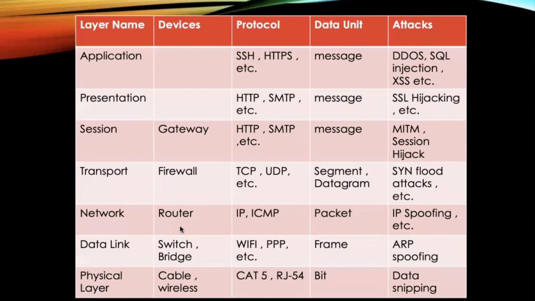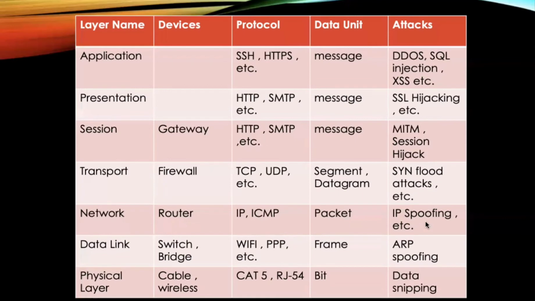The protocols used in the network layer are mainly IP, the Internet Protocol, and ICMP. Data is called a packet in the network layer. Different types of attacks include IP spoofing, and we have many other types of attacks. We'll discuss that.